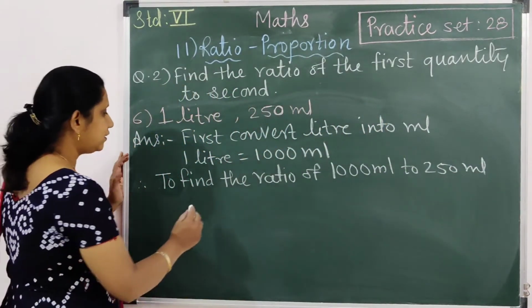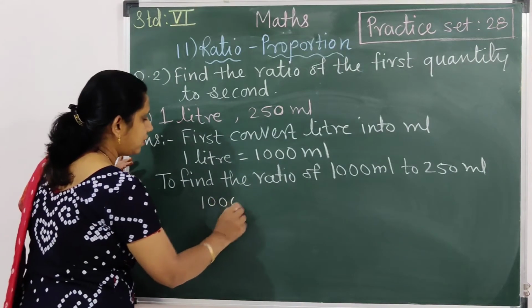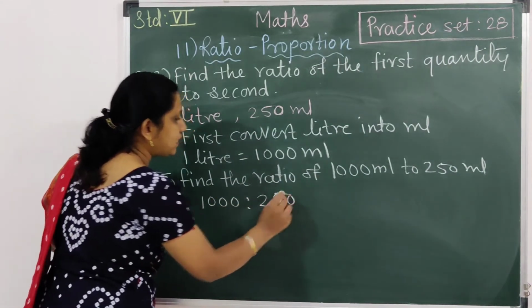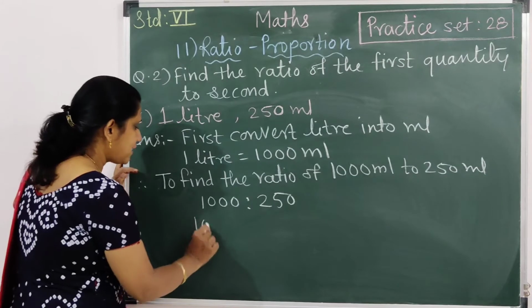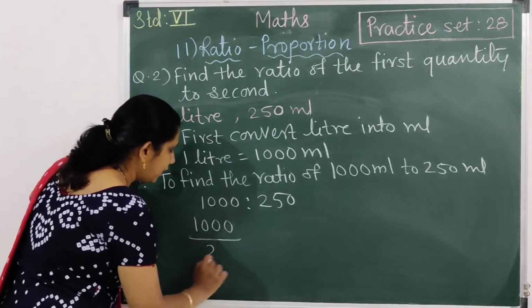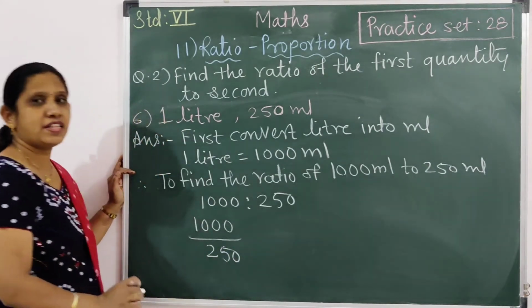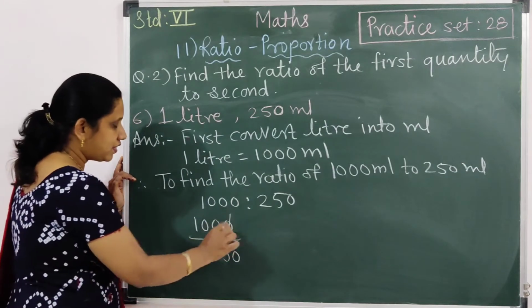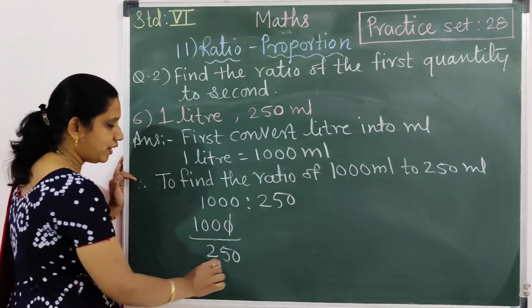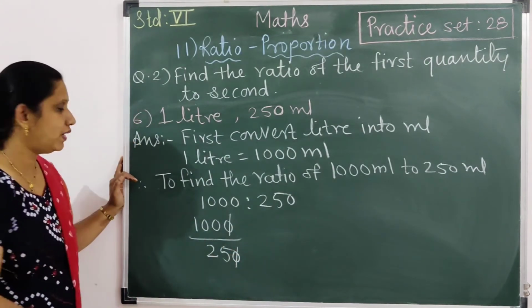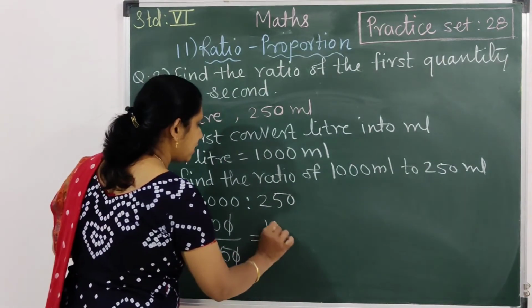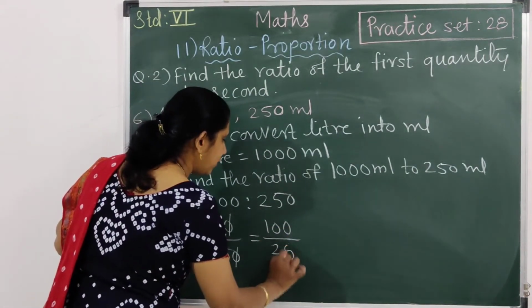Okay, so let us divide 1000 is to 250. This is ratio, that is 1000 divided by 250. Okay children, on unit place digit 0 in the numerator as well as in the denominator will get cancelled. So what remains? 100 upon 25.